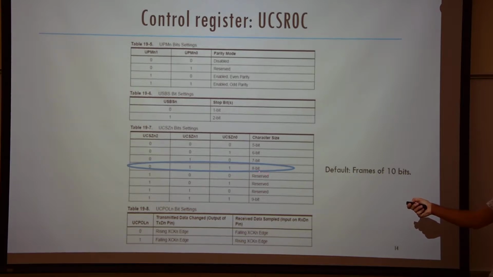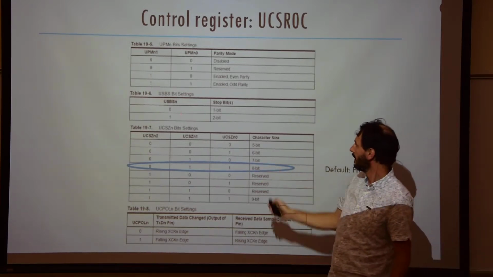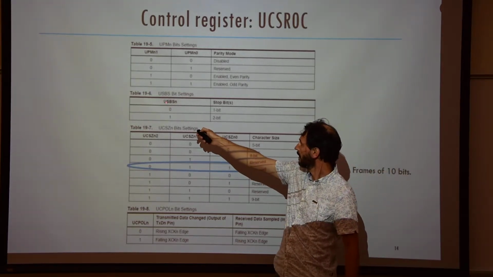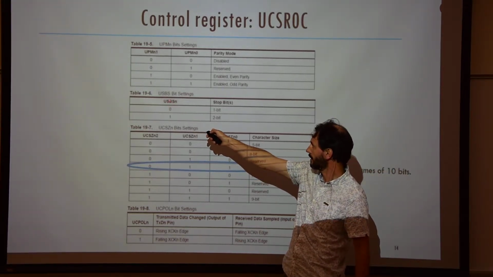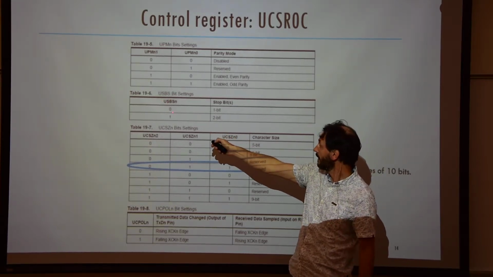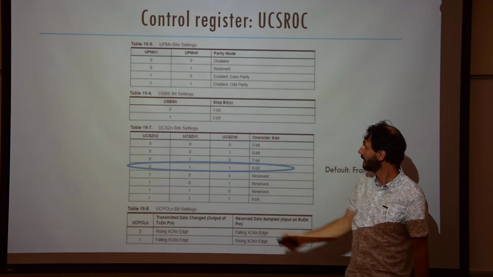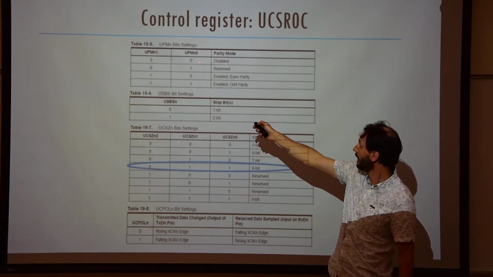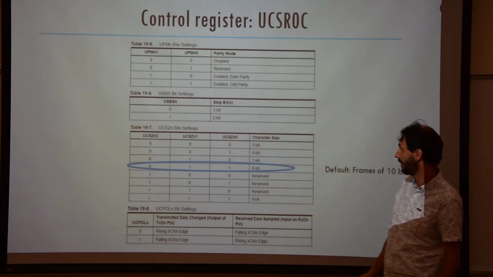Now the default setting is that this particular position in that control register C is set to 0, so we have 1 stop bit. We have no parity bits enabled. By default, those are also always 0.